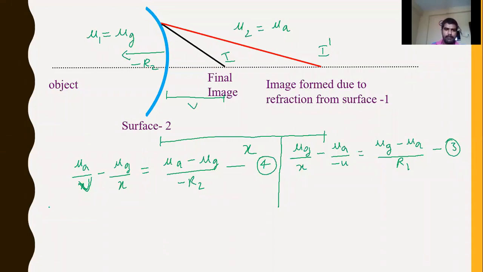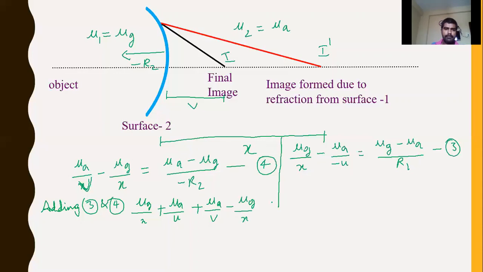Adding these two equations, adding 3 and 4, on the left hand side, mu g divided by x, minus of minus will become plus mu a divided by u, plus mu a divided by v minus mu g divided by x, is equal to mu g minus mu a divided by r1 plus mu a minus mu g divided by minus r2. These two terms get cancelled.